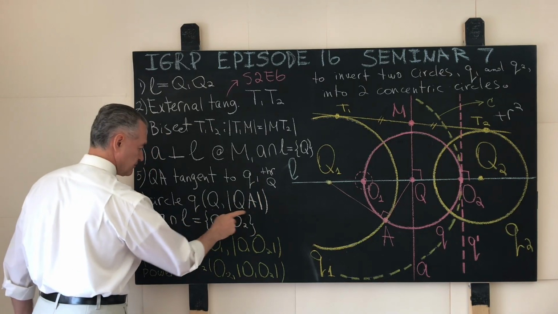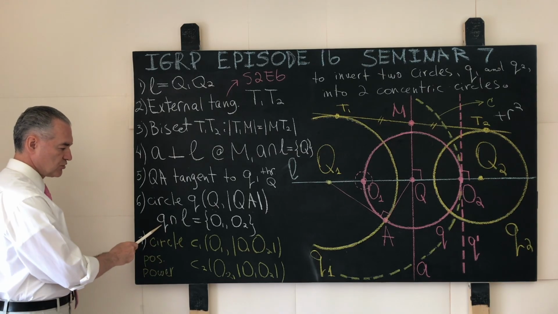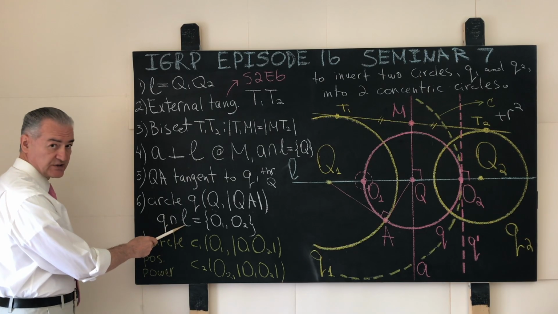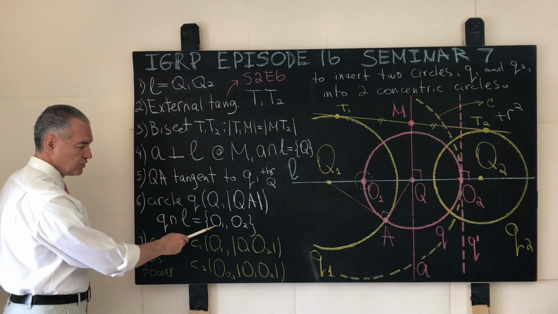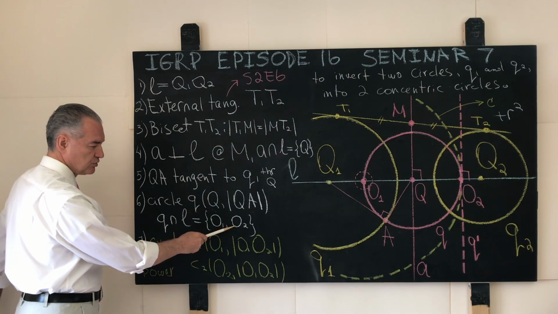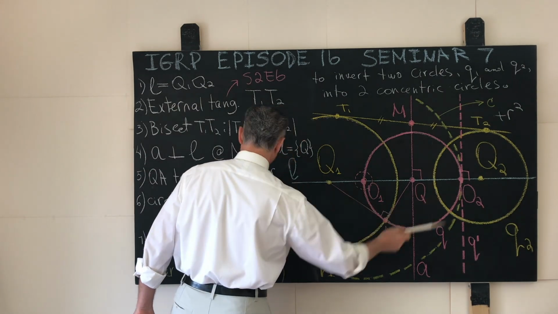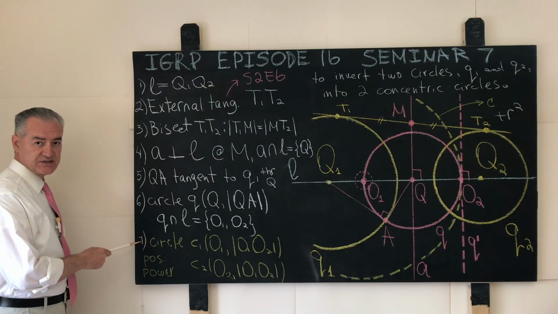Center, radius. Now that circle Q will intersect the straight line of centers L at 2 distinct points, the point O1 and the point O2. O1, O2, and essentially the game is over.